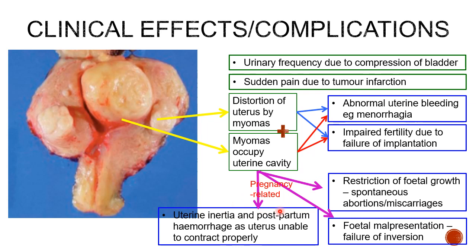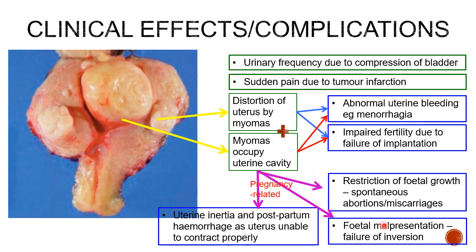In addition to that, there are a few pregnancy-related complications, again explained by the distortion of the uterus and also the fact that the myoma can occupy the uterine cavity. Patients can have problems in terms of recurrent spontaneous abortions and miscarriages because the fetus cannot grow normally because there's no space.